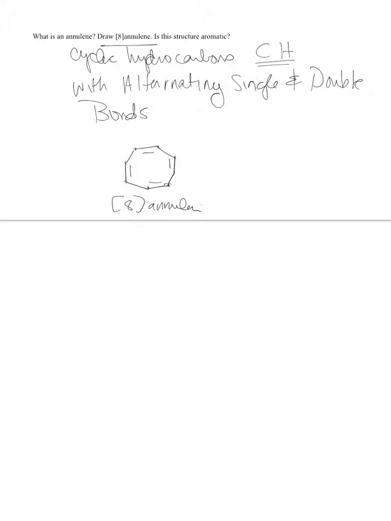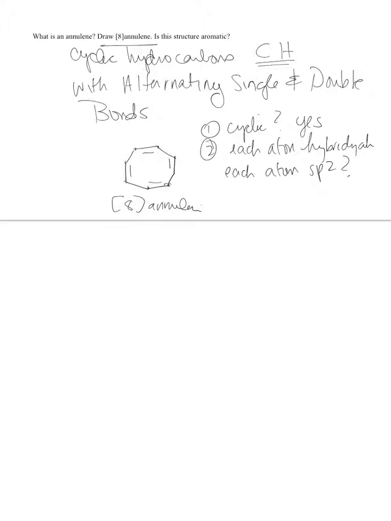Is this structure aromatic? And we go on to talk about aromatic systems and the requirements. So basically, when you check for aromaticity in this compound, you have to check, is it cyclic? The answer is yes here. What about the hybridization of each atom? Is each atom sp2 hybridized? So let's check that.